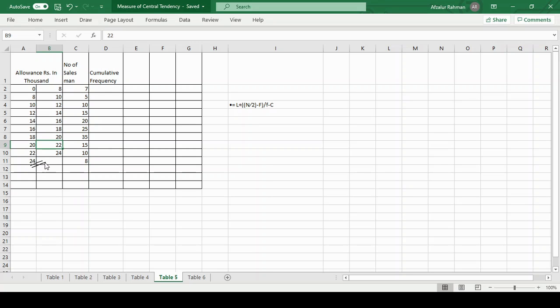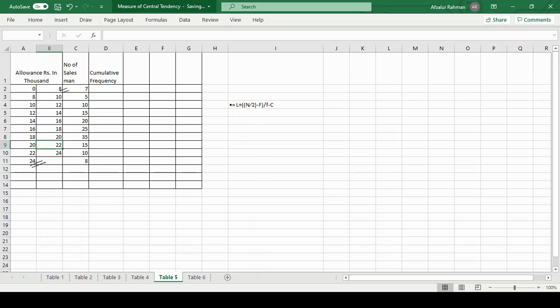It starts from less than 8,000 and ends at more than 24,000. And these are the numbers of employees: 7, 5, 10. Ten employees got travel allowances from 10,000 up to less than 12,000.